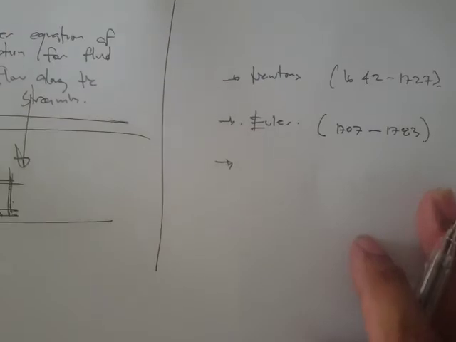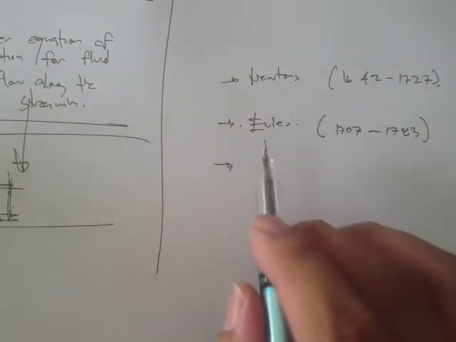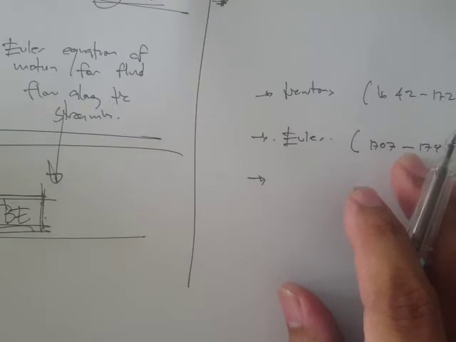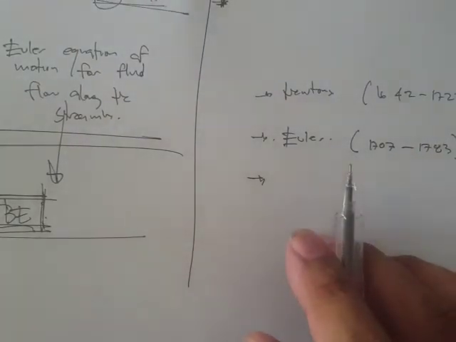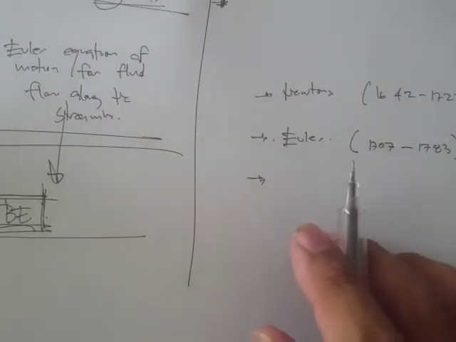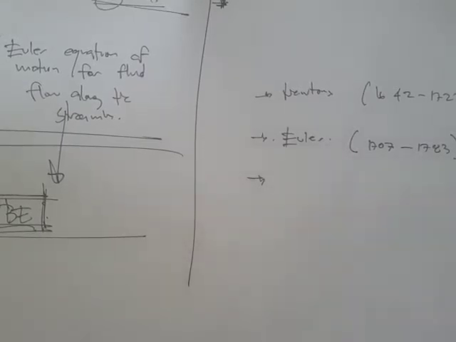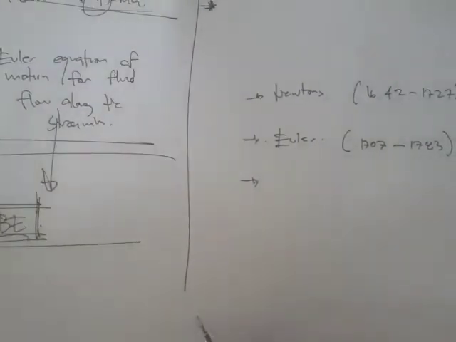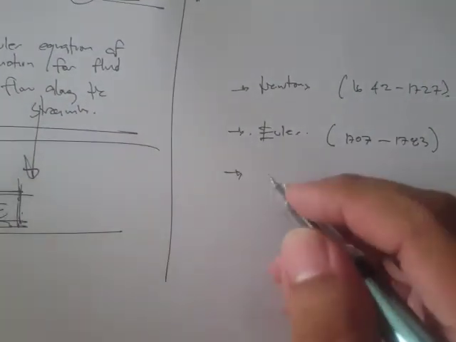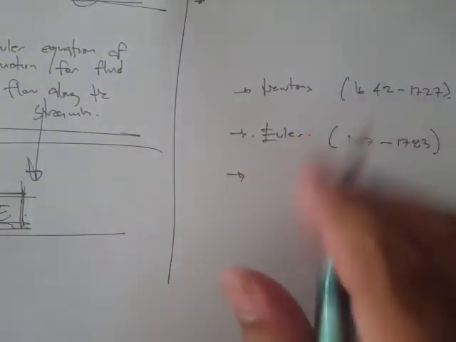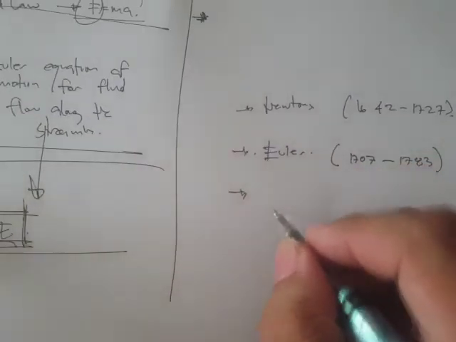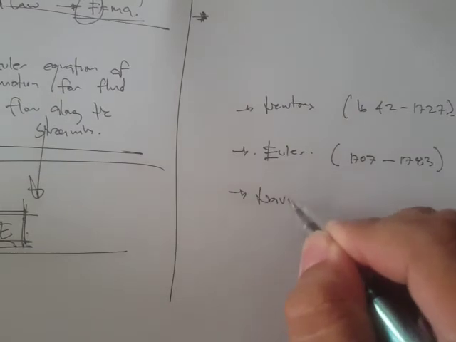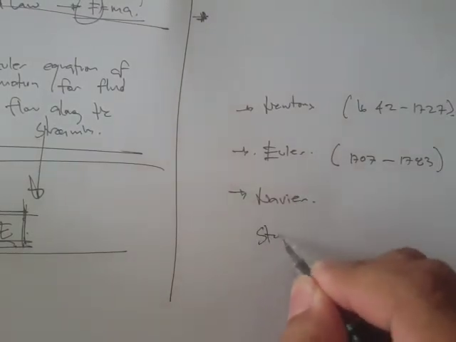Although the Bernoulli's equation can solve a lot of problems already, for some situations that require careful analysis including the viscous effects, we need another equation, and that other equation was actually provided by Navier, right? Navier and Stokes.